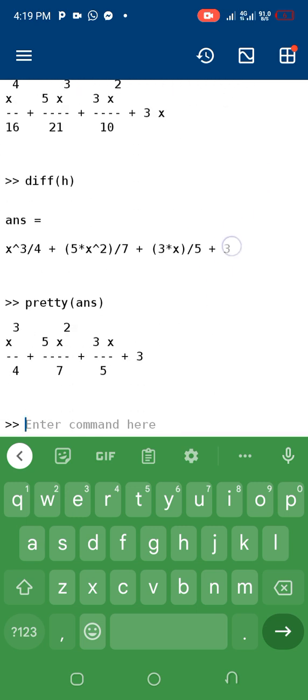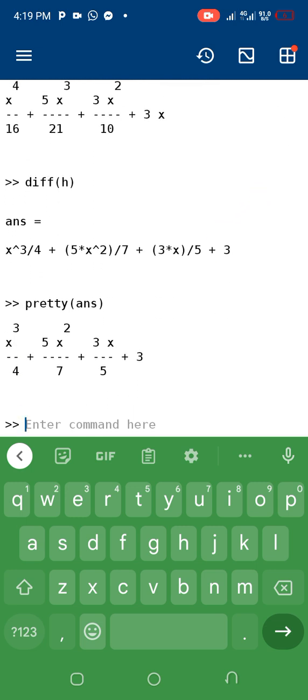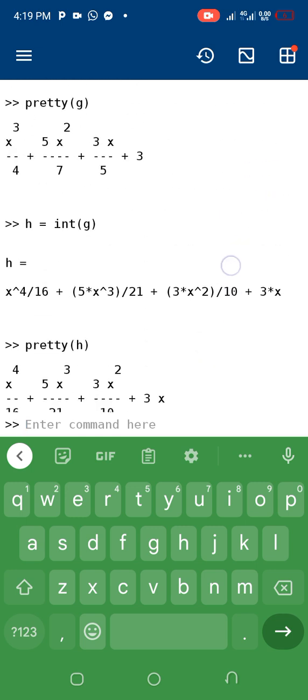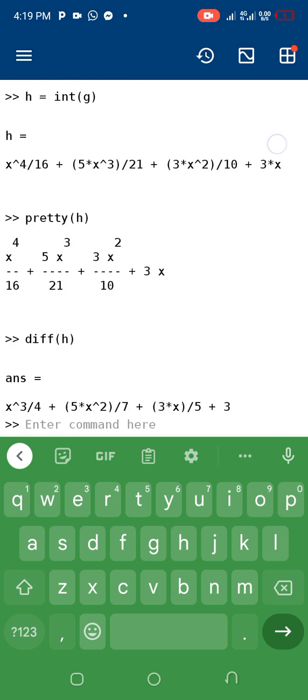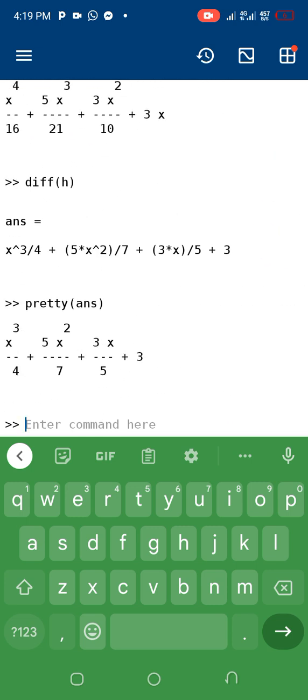X cubed out of 4, the same thing here. 5x squared out of 7, the same thing here. Then 3x out of 5, here also 3x out of 5, then plus 3 and plus 3. Thank you so much. This is how we can create our polynomials in Matlab, integrate them, then differentiate them.